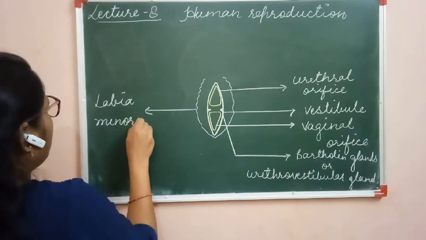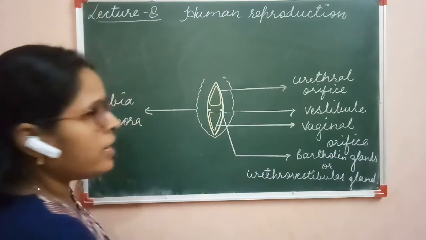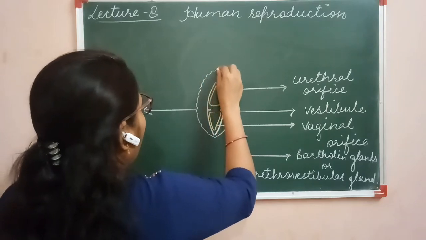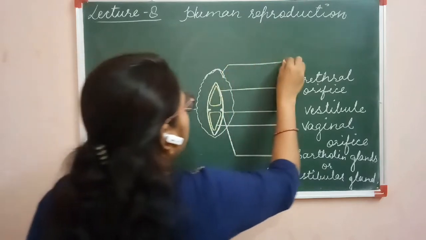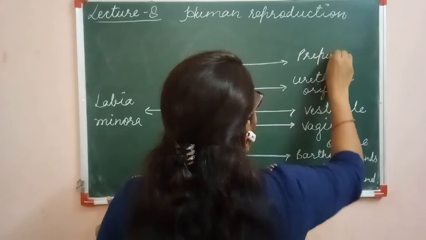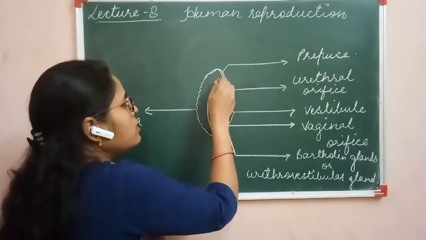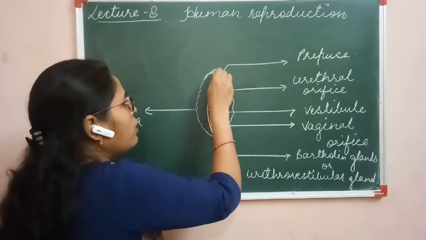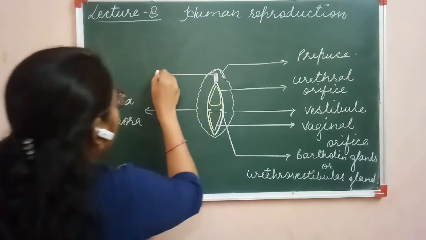On the anterior side of the labia minora there is a folded structure called the prepuce. This prepuce is the covering of a structure called the clitoris.